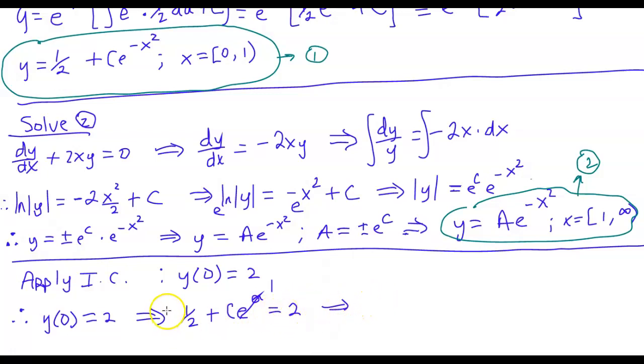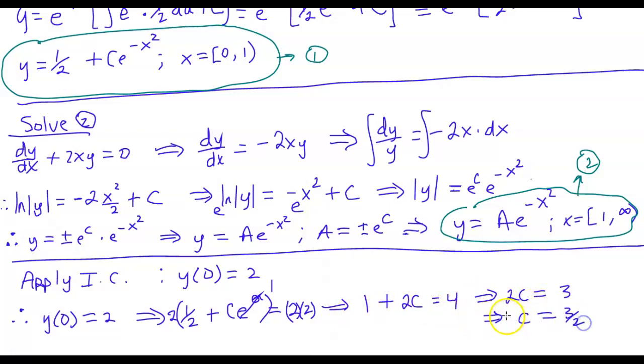And if we did that, of course, we would have 1 plus 2c is equal to 4. And from that, 2c is equal to 3, because we'll subtract 1 from both sides. And if we divide both sides by 2, we get c is equal to 3/2.